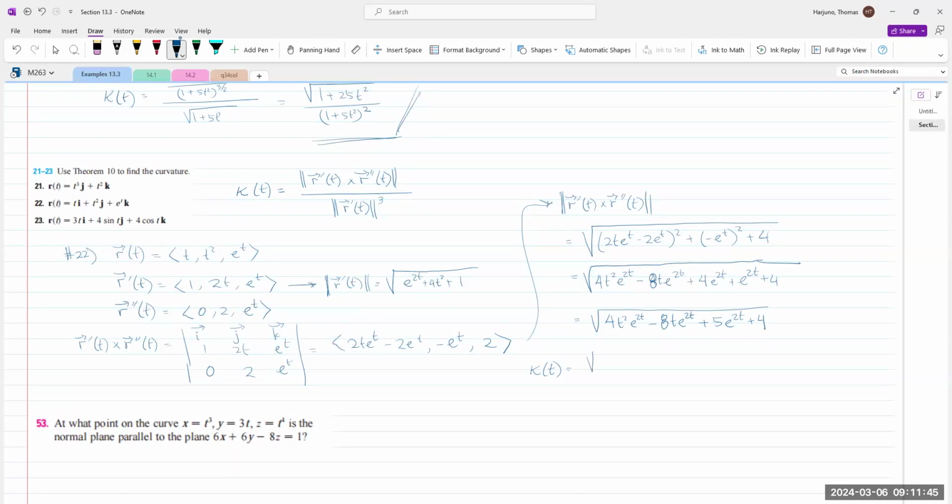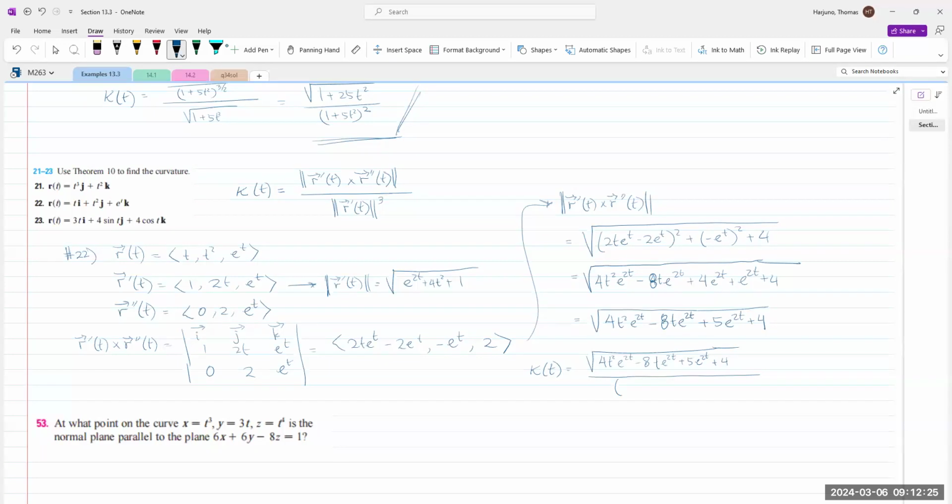Okay, so I have square root of, oh, there's no square there, just 8t, divided by the magnitude of r prime cubed.